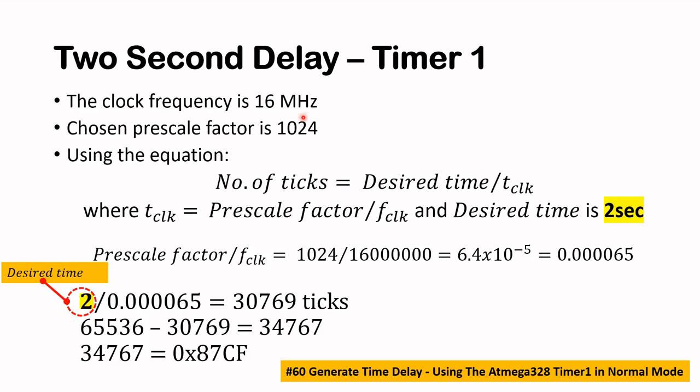Because the Atmega 328 on the Arduino uses a clock frequency of 16 megahertz, and let's say I use a prescale factor of 1024, I use this particular formula, and let's say I want to generate a 2-second delay.